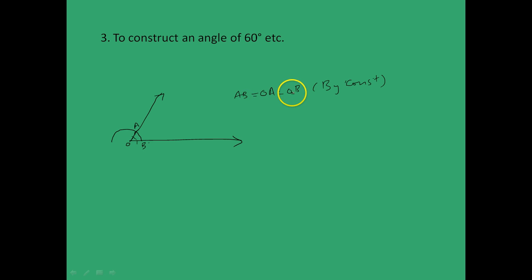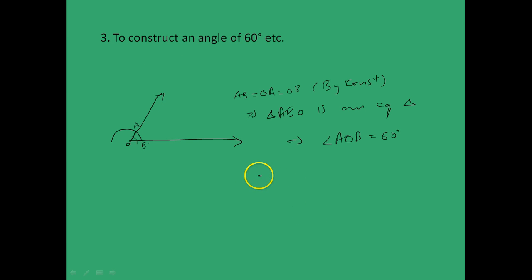AB is equal to OA is equal to OB, all by construction. This implies triangle ABO is an equilateral triangle. This implies angle AOB is equal to 60 degrees, because every angle in an equilateral triangle is equal to 60 degrees, right? And so hence this is the justification for how we constructed 60 degrees.